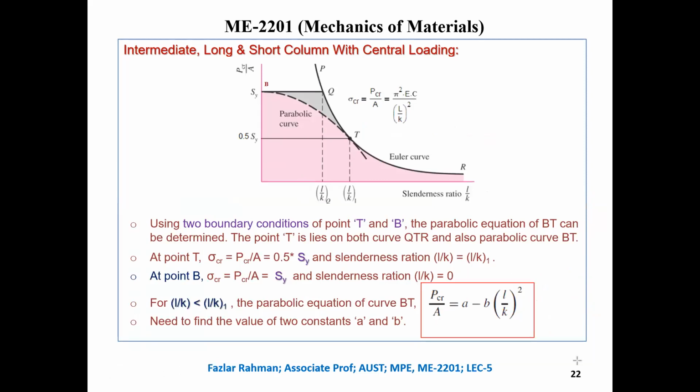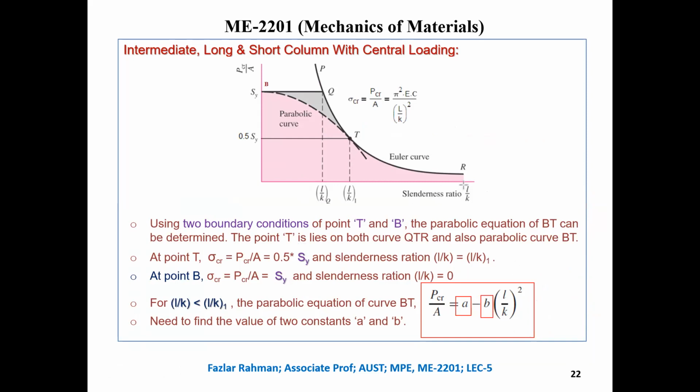He's saying the equation of line BT will be this one. Now, there are two constants, A and B. If you figure out these two constants, then you can find that equation. And you have two boundary conditions.